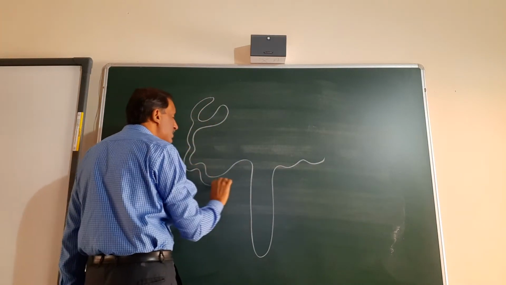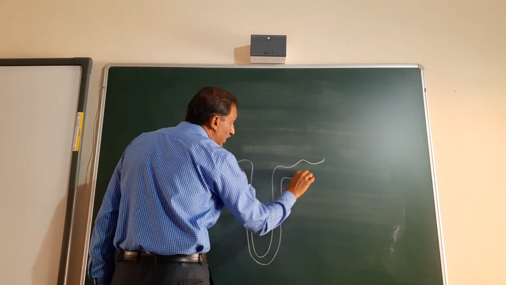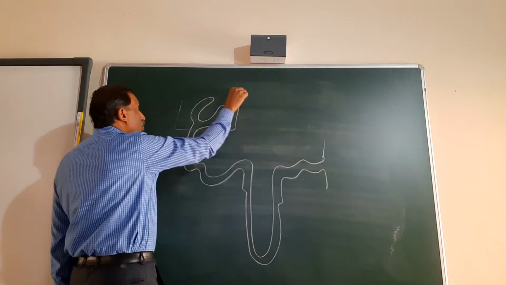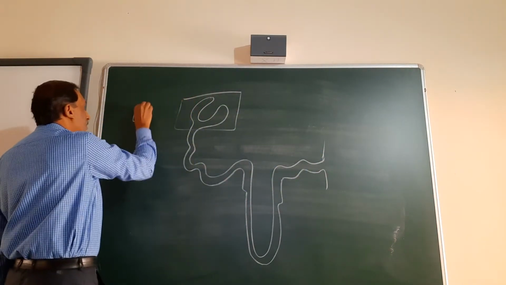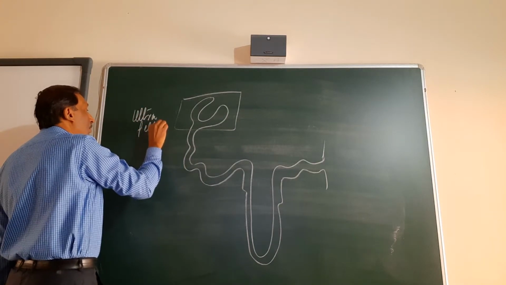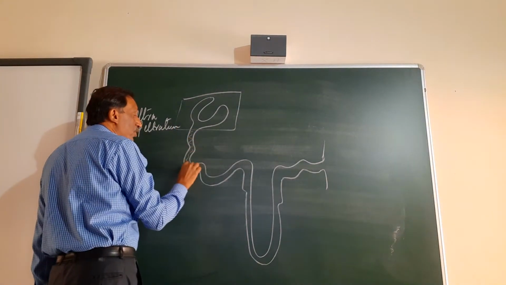This is the neck, this is the PCT, this is the head, and then the loop, DCT and collecting duct. So ultrafiltration took place here.